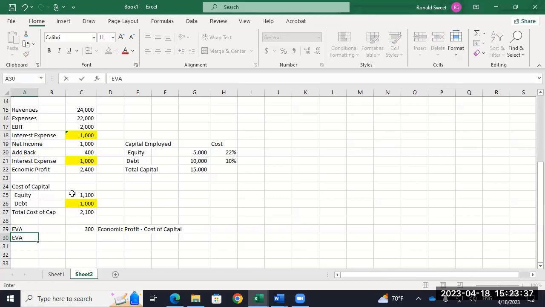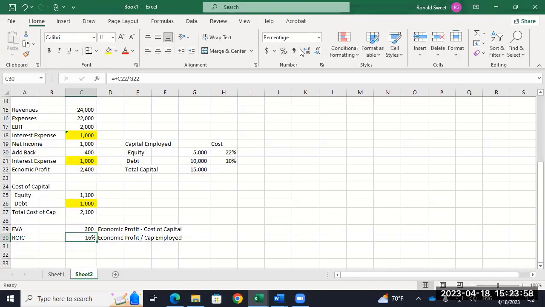My EVA, my return on invested capital, is going to be my economic profit divided by my capital employed. So my 2,400 divided by my 15,000, 15 million, is 16%.